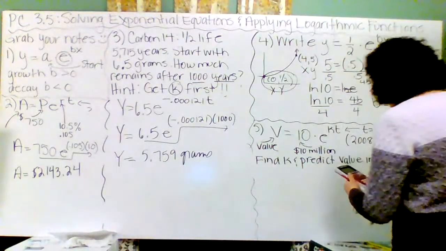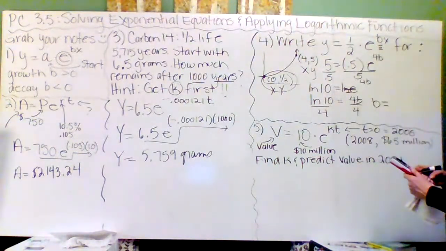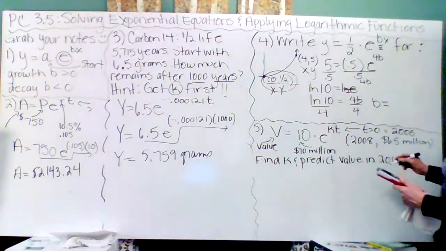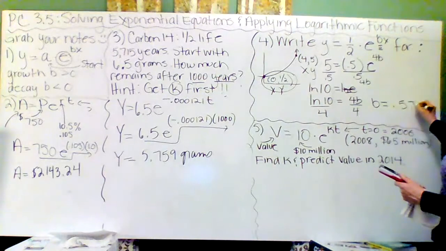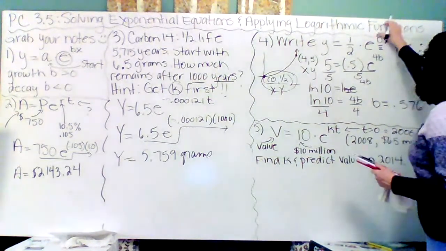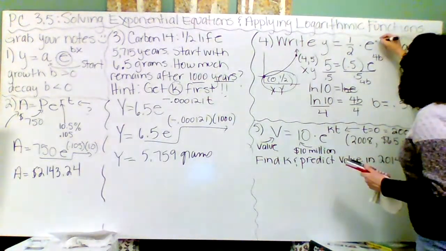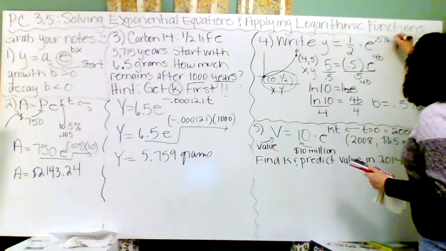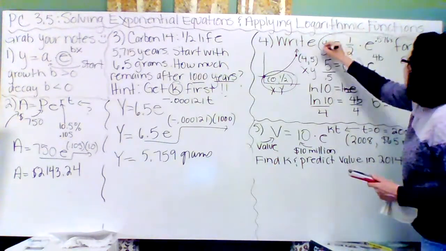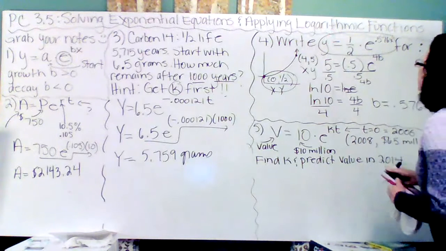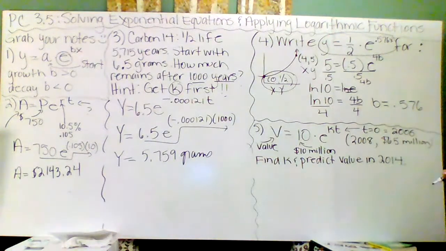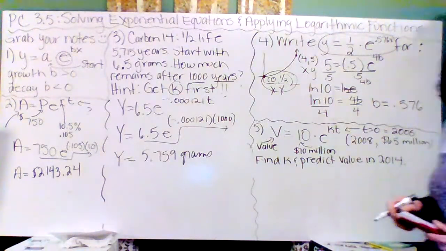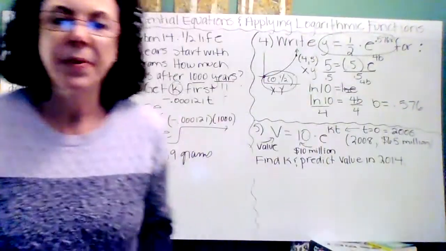The natural log of 10 divided by 4 is 0.576. There we go. And I am done. Here is my equation: 1/2 times e to the 0.576x. And for any x I put in now, I could get a y out.